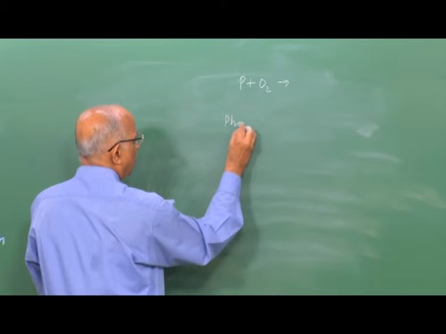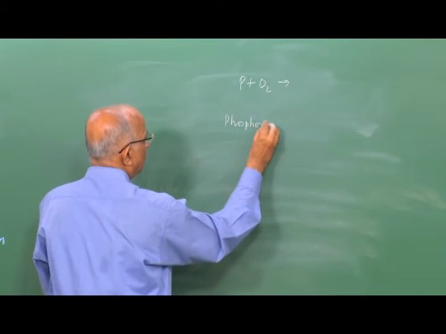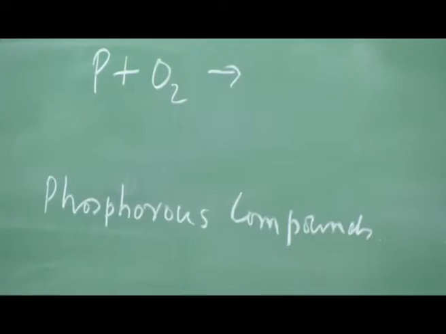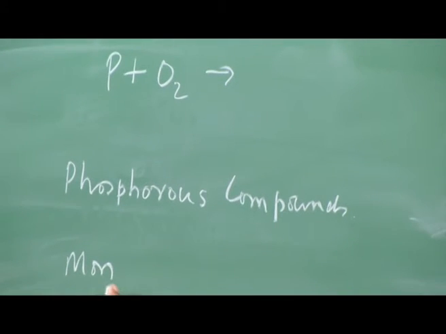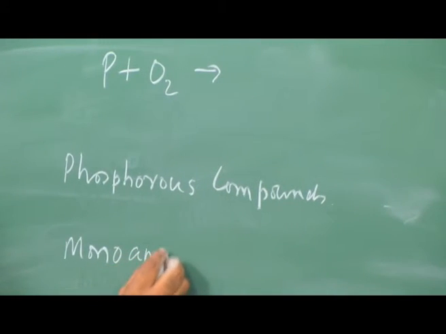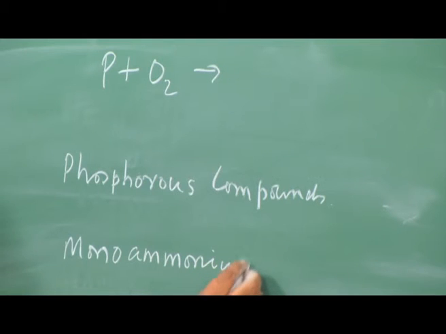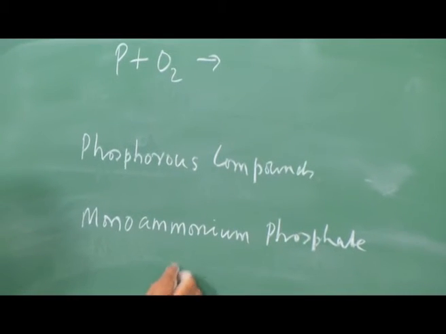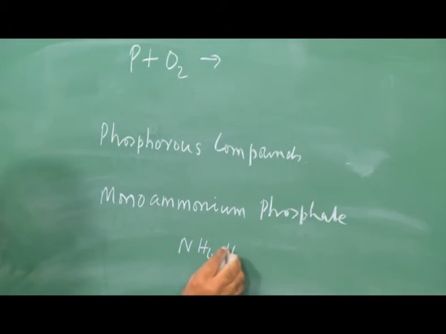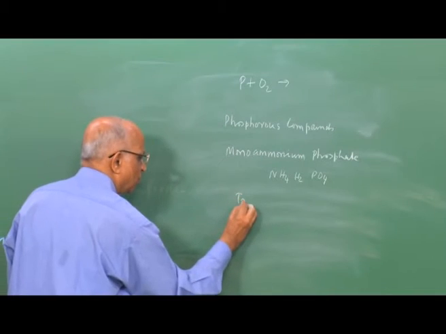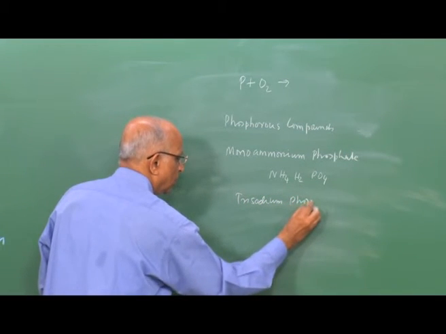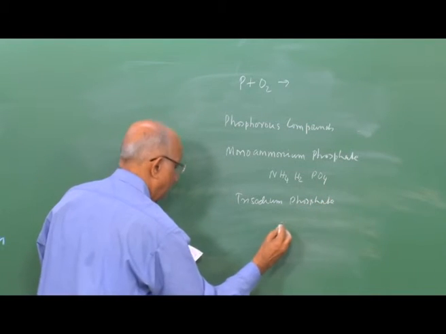You use phosphorus compounds, and these phosphorus compounds could be monoammonium phosphate, the formula being NH4H2PO4, and the second being trisodium phosphate, formula being Na3PO4.